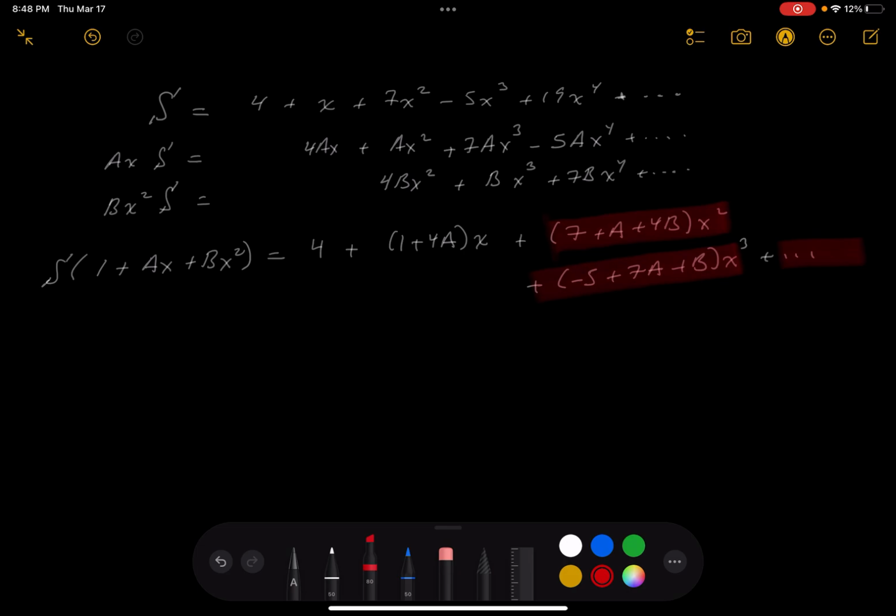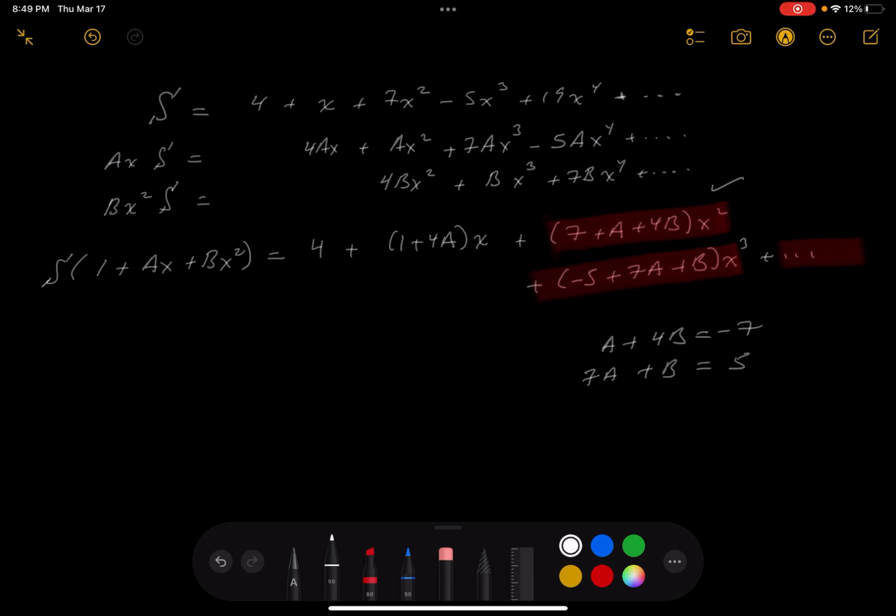Let's see if we get this. So I'll write this down for you. A plus 4B would have to equal minus 7. And that comes from this guy over here, because that would make it 0. And then I would write down 7A plus B would have to equal 5.